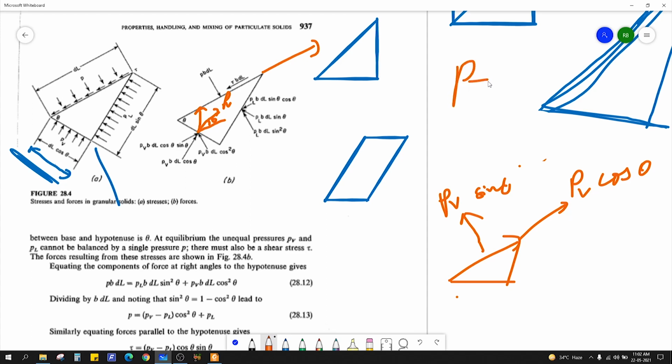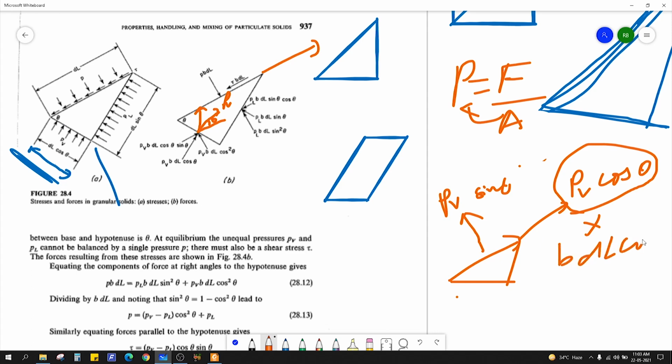What is the formula of pressure? Force per unit area. You want to calculate the force, so force is equal to pressure into area. What is the area of this cross section? That is B dl cos theta, right?